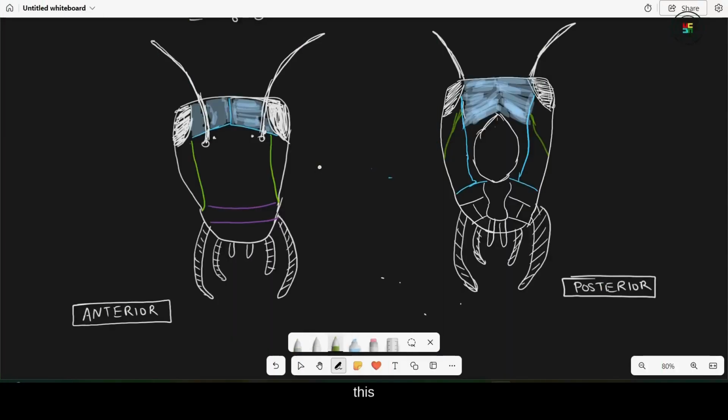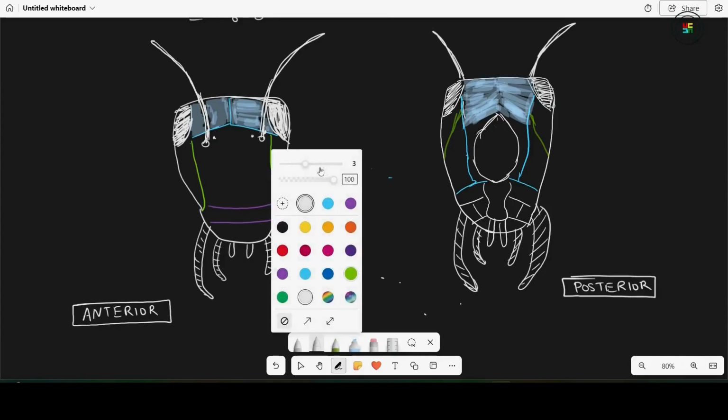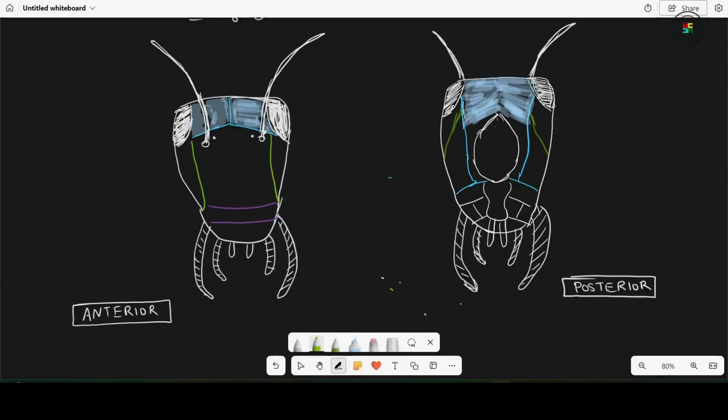Here this is the occiput, which is the first cephalic sclerite. Okay, the occiput, they are joined together with epicranial suture.